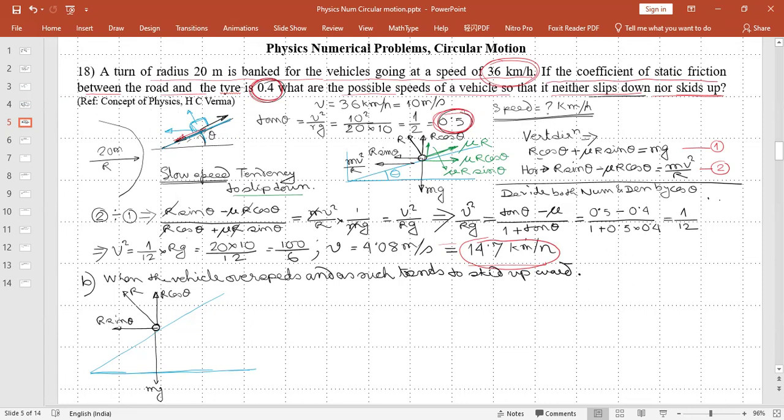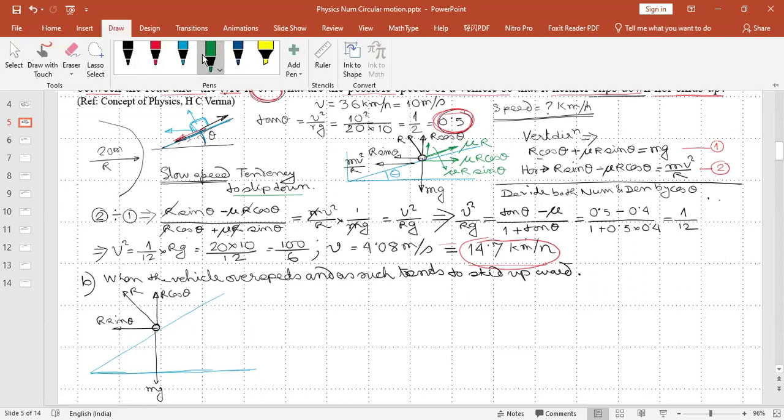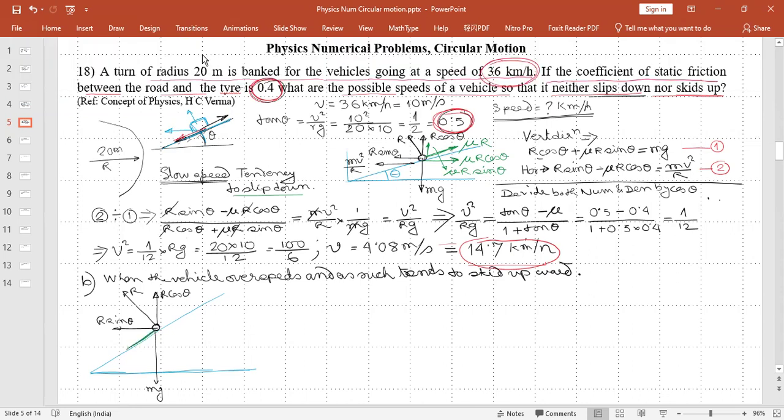Here, the only difference from the last case is that the frictional force is downward. Frictional force is downward, which is equal to mu R. This downward force has two components.